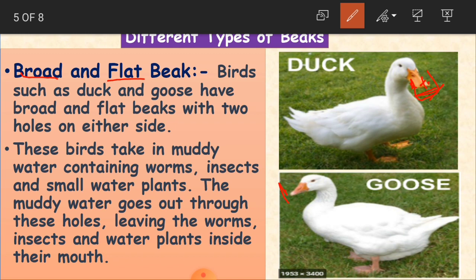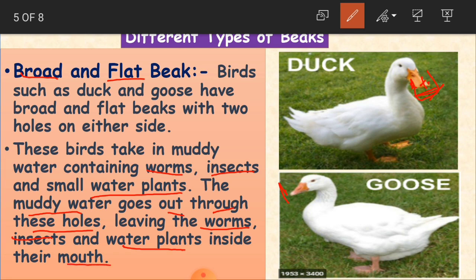So when they take the muddy water, they get along with the water the worms, insects and small water plants also. Then the muddy water goes out through these holes, leaving the worms, insects and water plants inside their mouth.